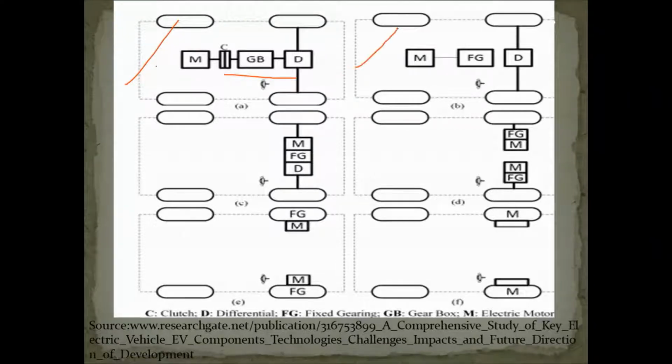In figure B, it shows some modification, where the clutch and gearbox are replaced by a fixed gear ratio. In figure C, we have motor, gear, and differential as a single unit that drives both wheels.